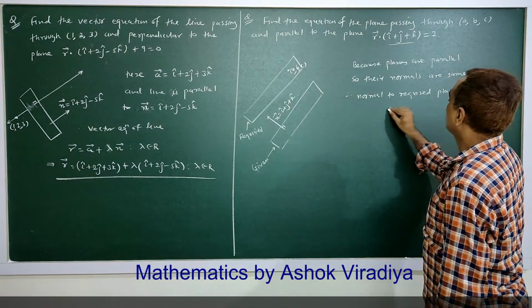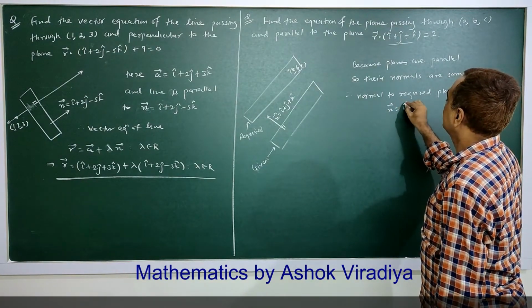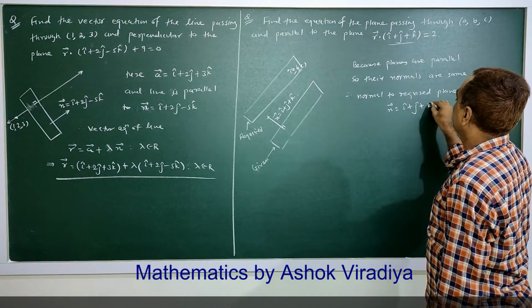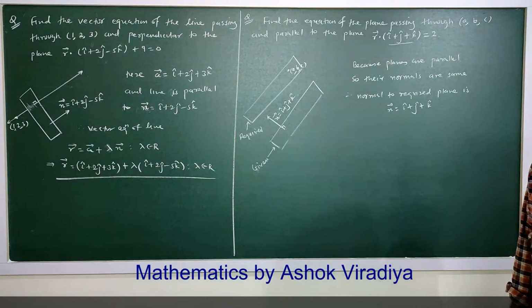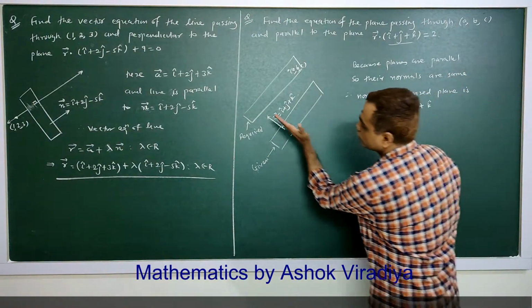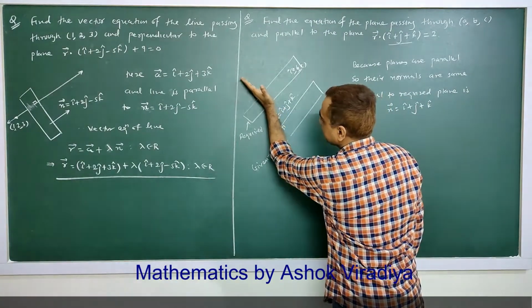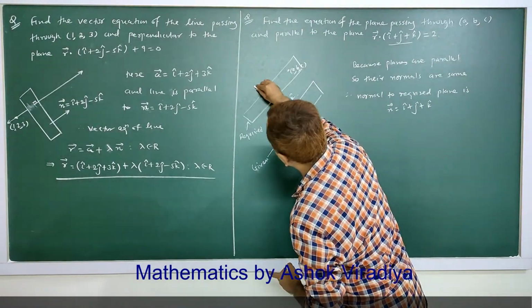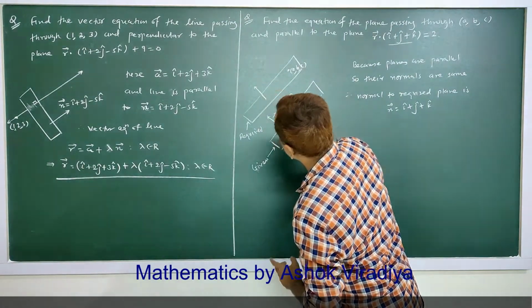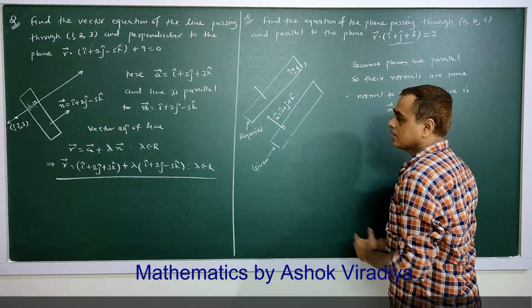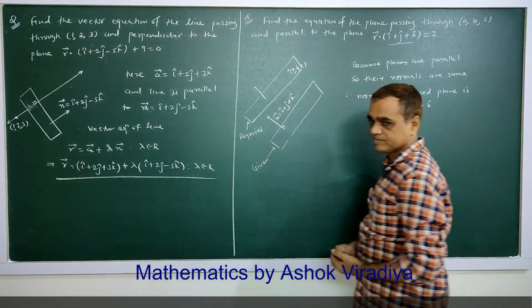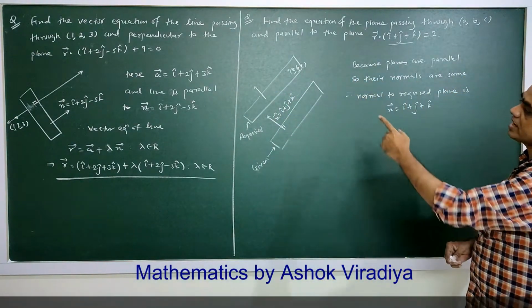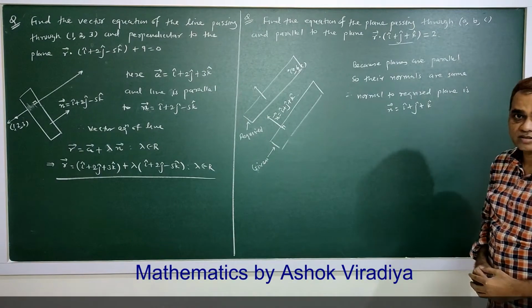So the normal of the required plane is i plus j plus k. Whatever is perpendicular to this plane, the same will be perpendicular to this plane. If this is vector n, the same will be n. Because these planes are parallel. So vector n is i plus j plus k.